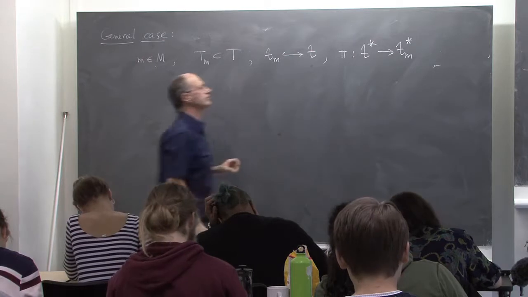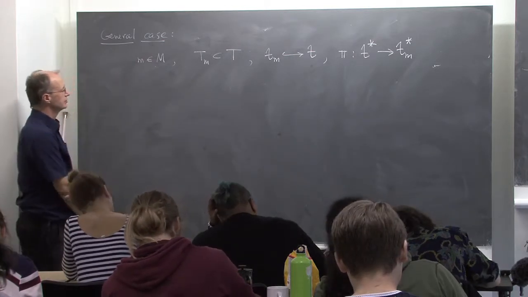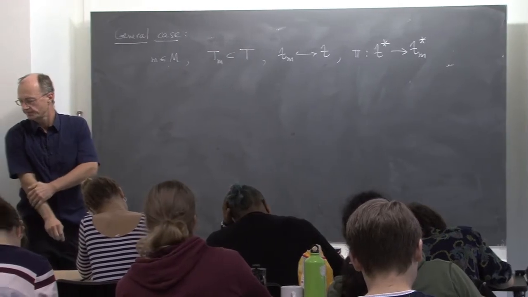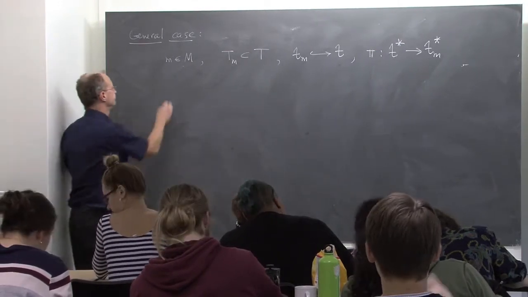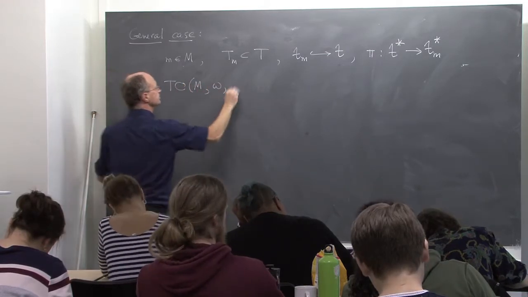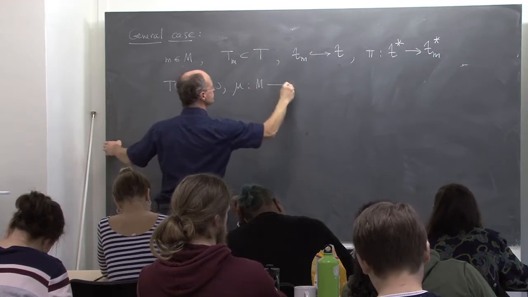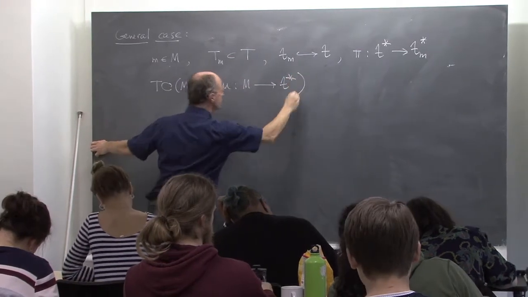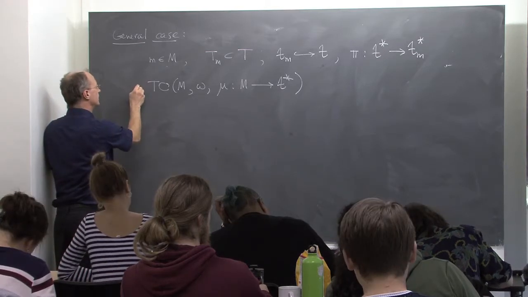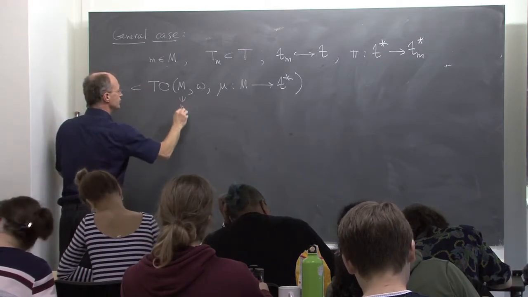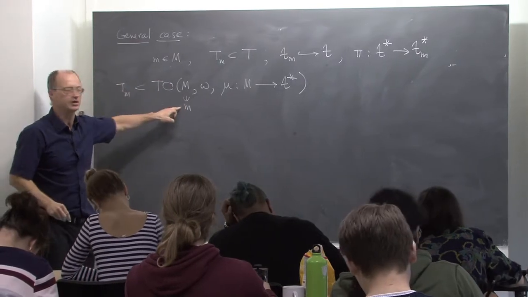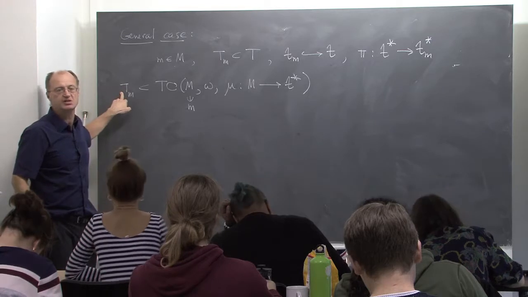We have a projection from T star to Tm star. So we're looking at our Hamiltonian T space. And now, here we've chosen a point M. And I would like to think about it as a Hamiltonian Tm space.